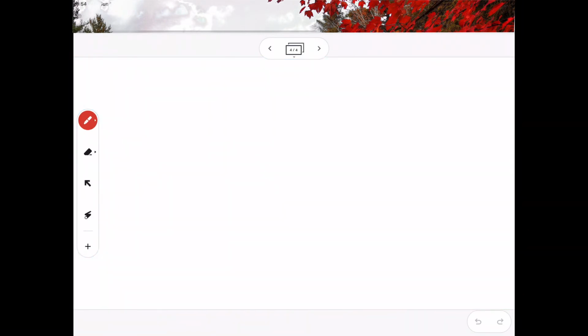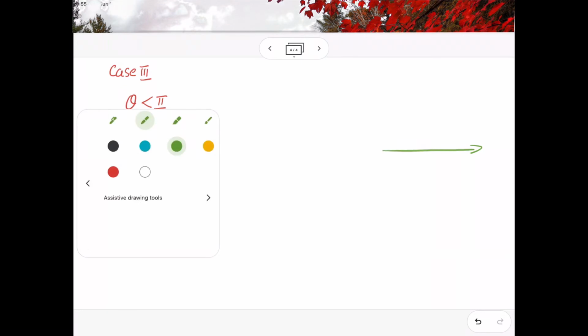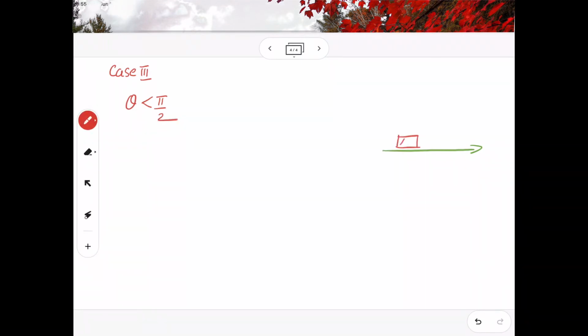Now let us consider case 3. In case 3, I am taking that theta is less than 90 degrees. So here our normal example, that is, we have to consider one wooden box or any block of weight.